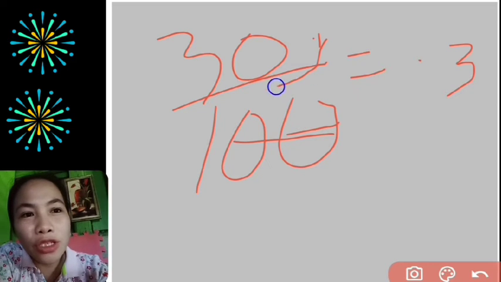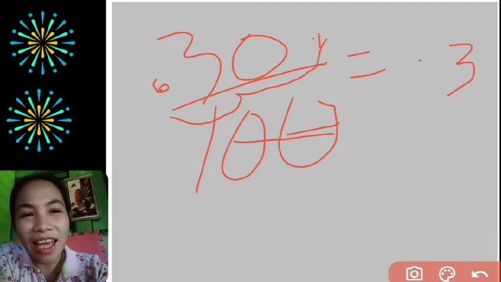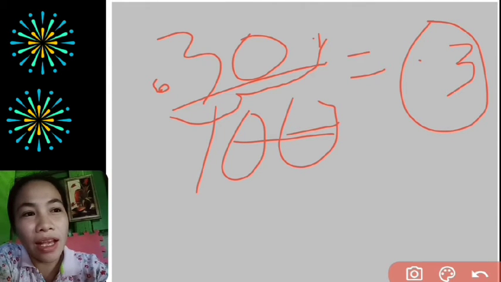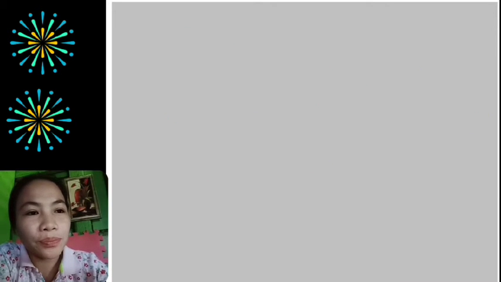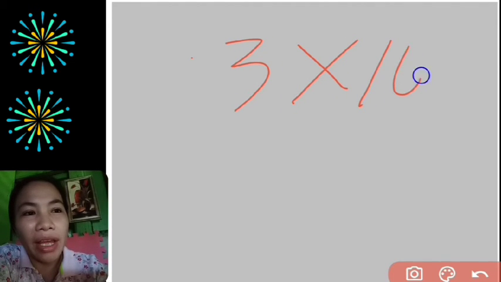So I move two places from right to left. I put the decimal here, and in that way I already have the answer, which is 0.3. Right? So 0.3 times 100.